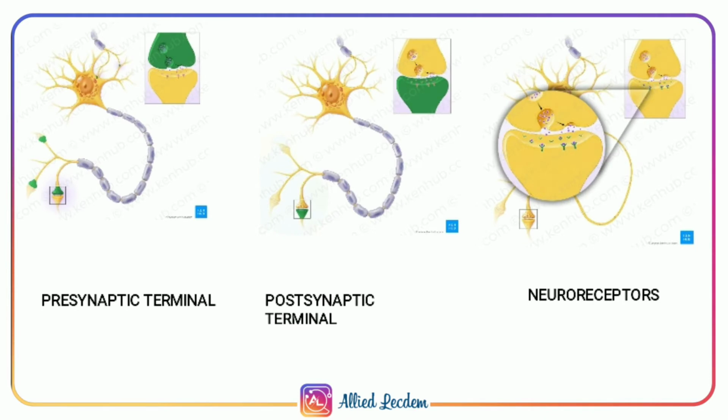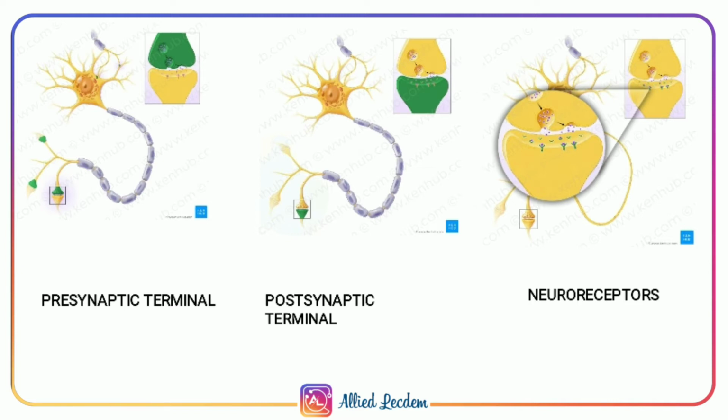As we could see in this first image, the presynaptic terminal is marked in green, which is the upper part. In the second image, we could see the postsynaptic terminal marked in green at the lower side. The third image shows the neuroreceptor and the synaptic vesicle, which contains acetylcholine, that is the purple round structure.